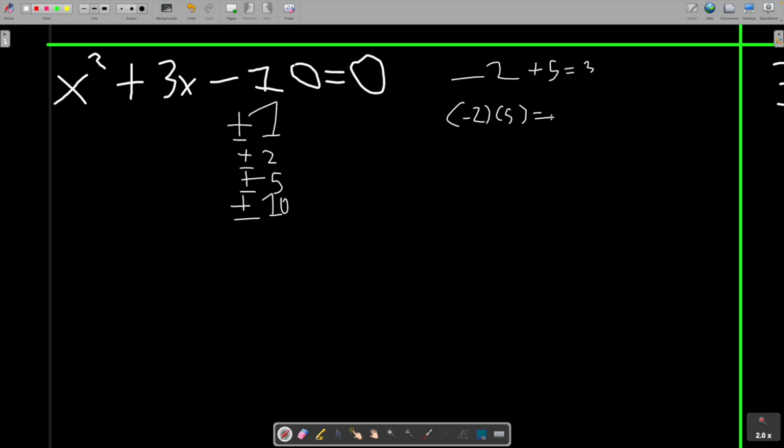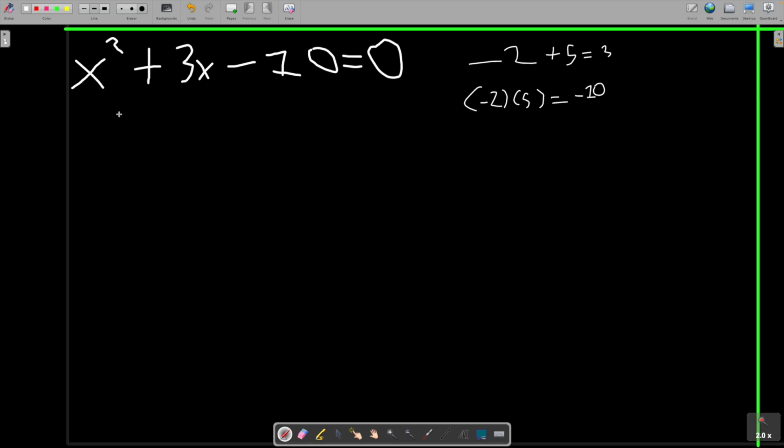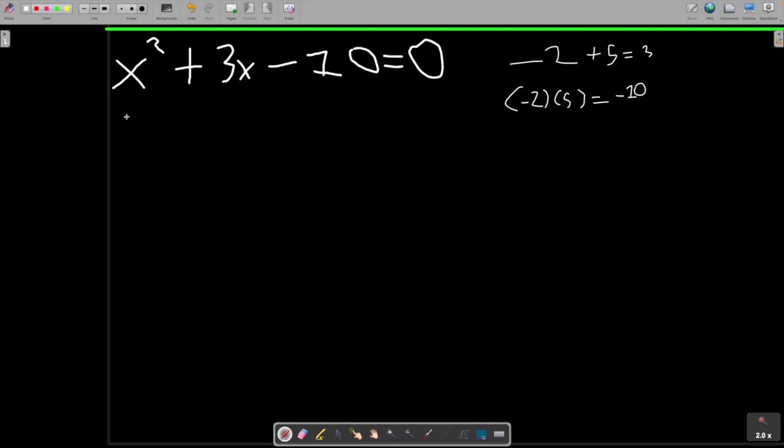So these are the correct numbers we need to use to factor this equation. So now we have negative 2 and 5. So we can have x minus 2 times x plus 5.